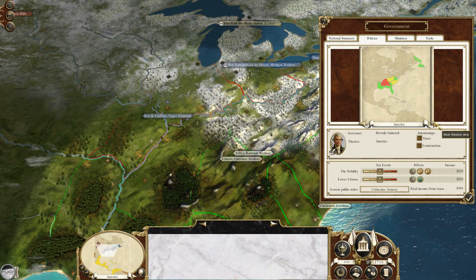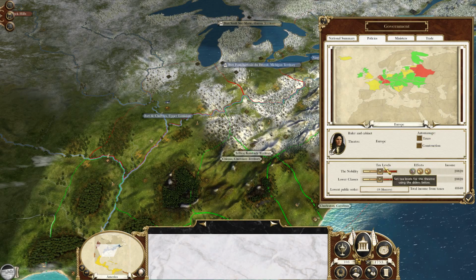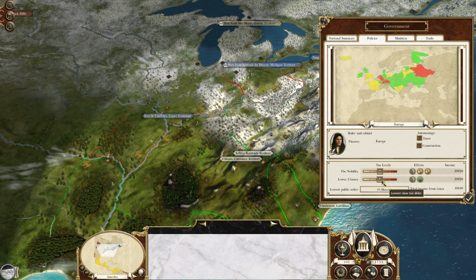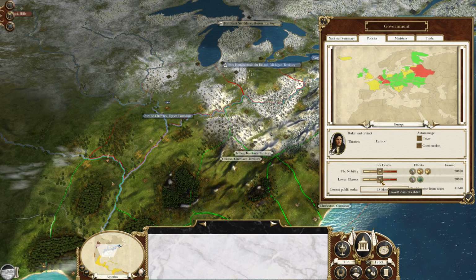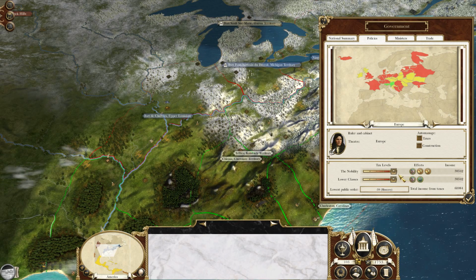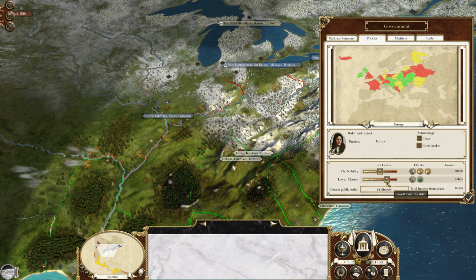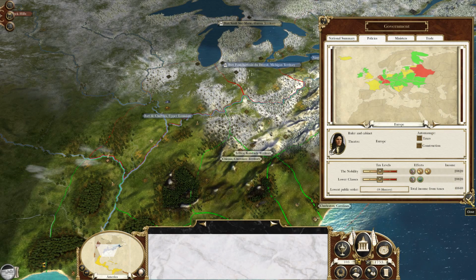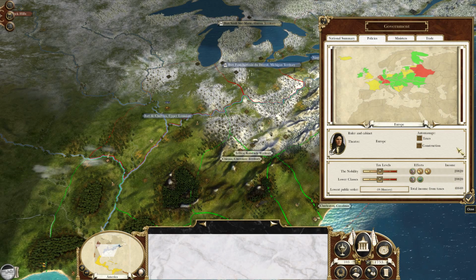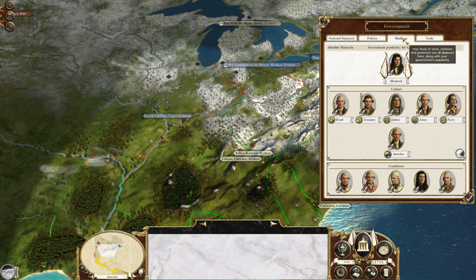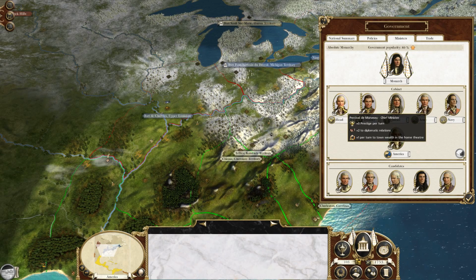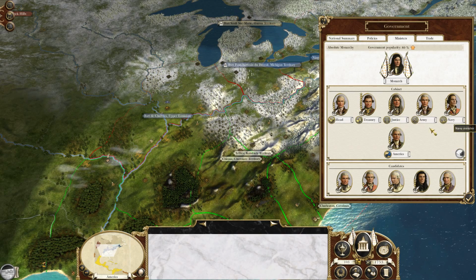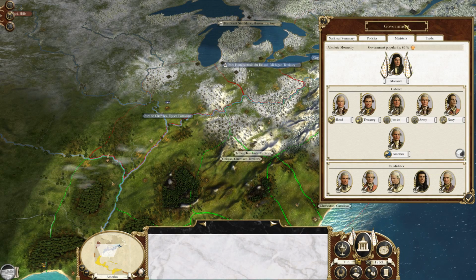Policies right here. Okay, nobility, lower classes. If we rise up the taxes, things are certainly not gonna be good. Not gonna be good at all. Maybe someday, right? Someday we'll do this. Ministers are just fine. They do give us all kinds of bonuses.